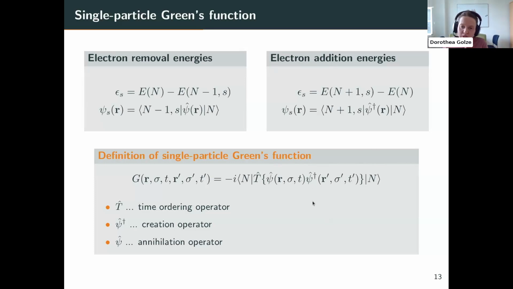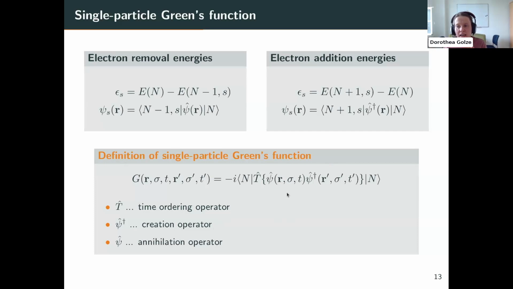It propagates through the system and is later annihilated at time t at the spatial point r. If the times are reversed, it also allows for the second process. Then the time-ordering operator puts the annihilation operator first, and we first delete the electron. So this shows very clearly that we define this process directly by defining the single-particle Green's function like this.